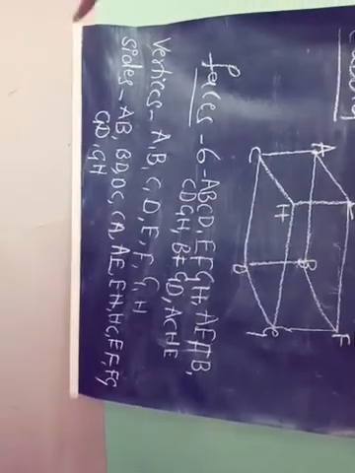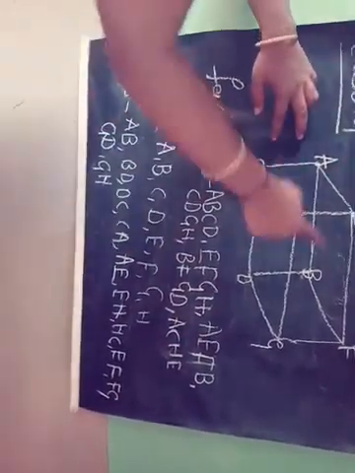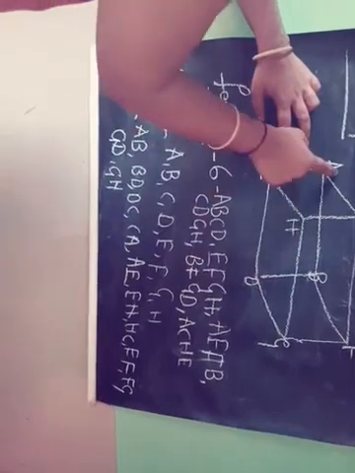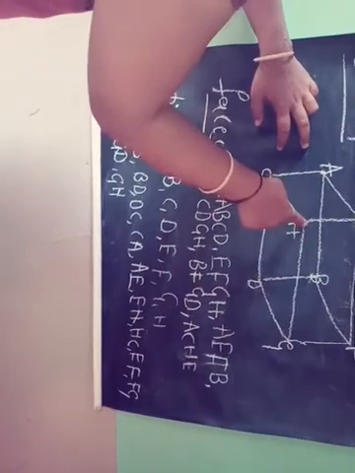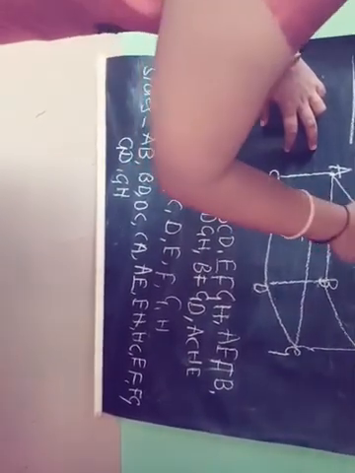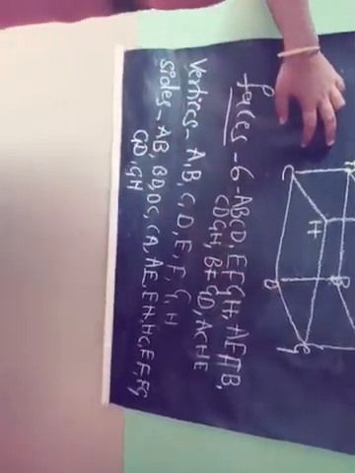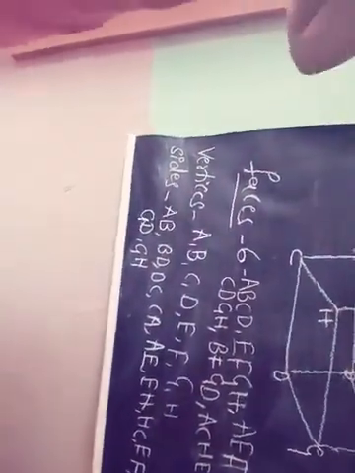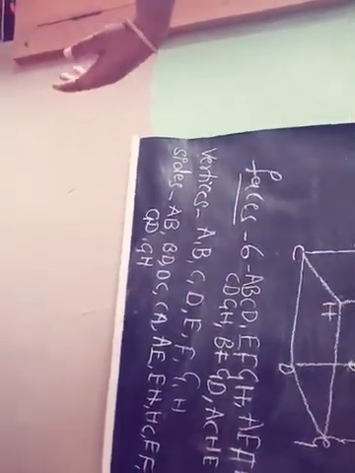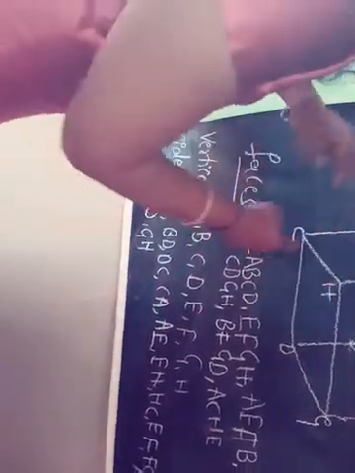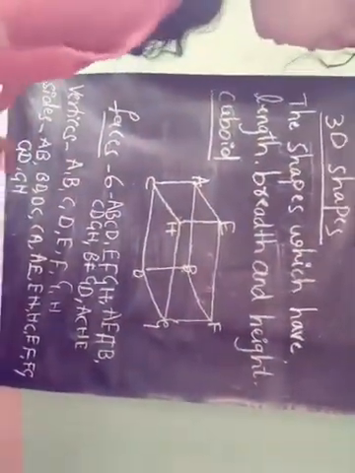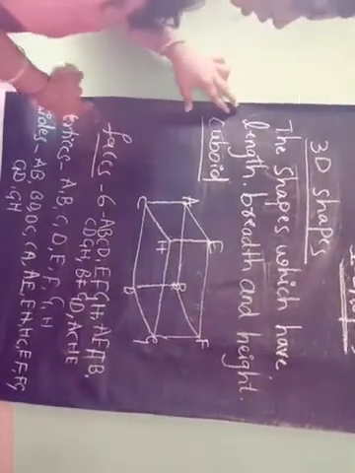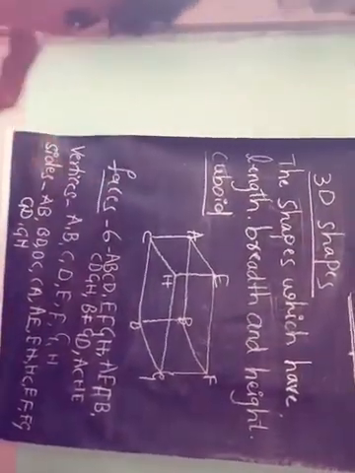Then which ones remain? AB, BD, DC, CA, EF, FG, GH, EH we have written, GD. And one more, HC we have already written. These are the sides. So this is how to write faces, vertices and sides.